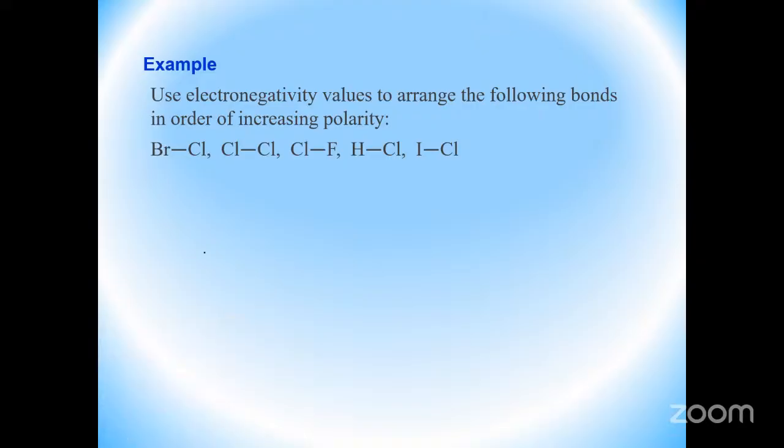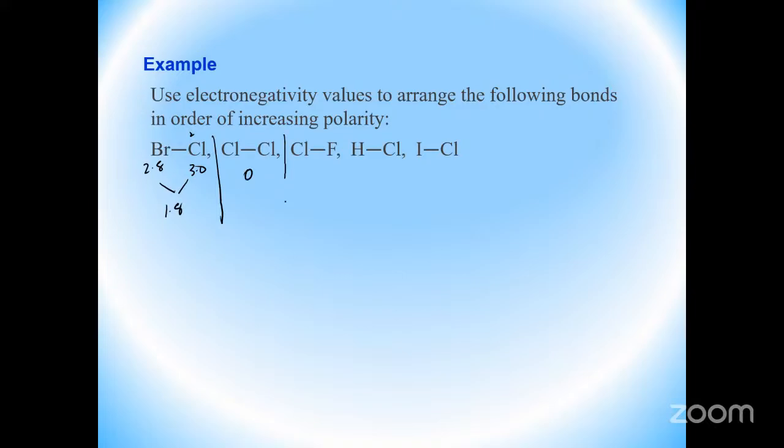in the case of bromine, its value is 2.8. In the case of chlorine, it is 3.0. So the difference between these two is 0.2, right? And then in the case of chlorine to chlorine, the difference is obviously 0 because they're both identical.